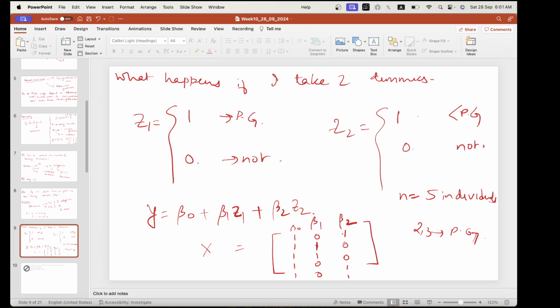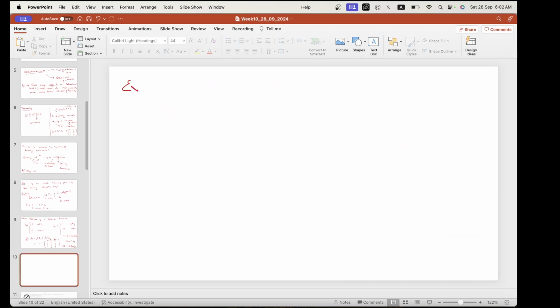But now if you look carefully, you see that column 1 is actually equal to column 2 plus column 3. So this is a case of exact multicollinearity, where the intercept term is exactly equal to the sum of the dummy columns.